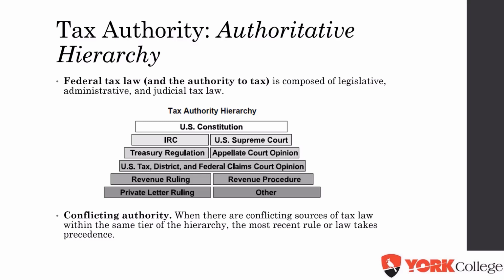I'm sure you're familiar with our three branches of government. So this chart simply highlights the U.S. Constitution as the basis of the tax authority power that the federal government has in order for it to levy taxes.